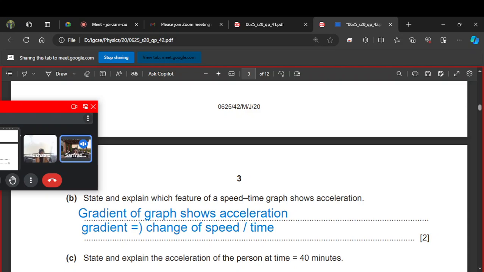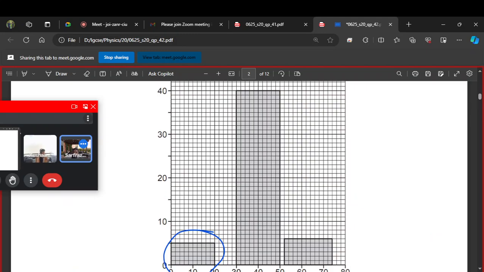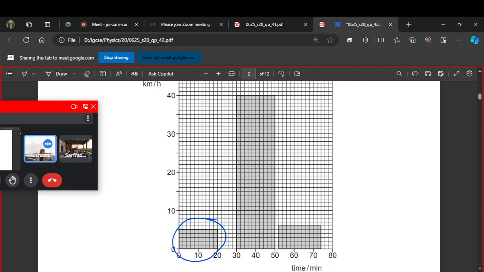State and explain the acceleration of the person at time 40 minutes. So first see what the acceleration is at time equal to 40 minutes. At 40 minutes, it is at 40. Acceleration is 40 divided by 60 times... no, you are missing one thing.